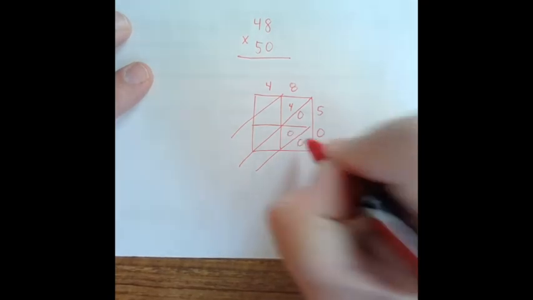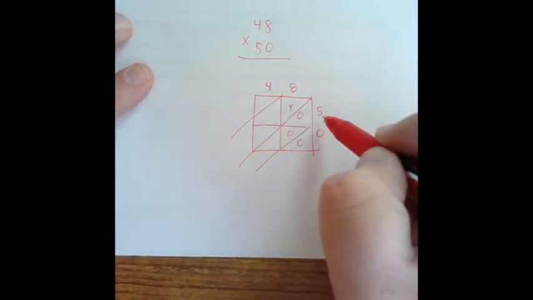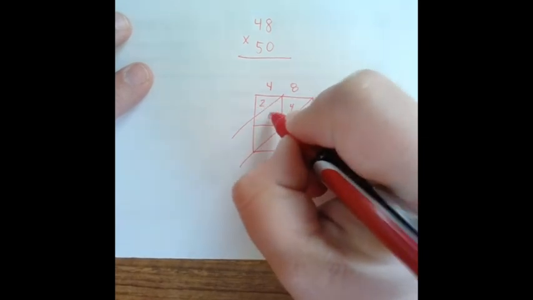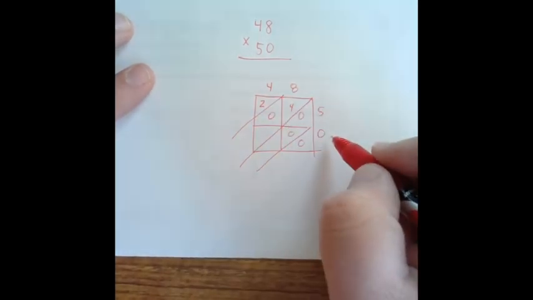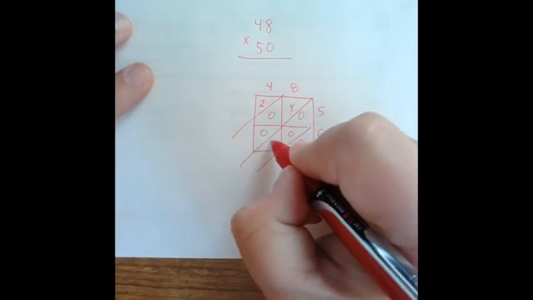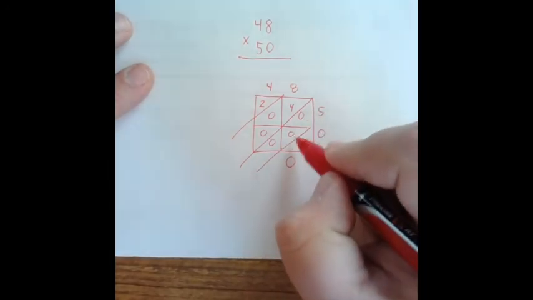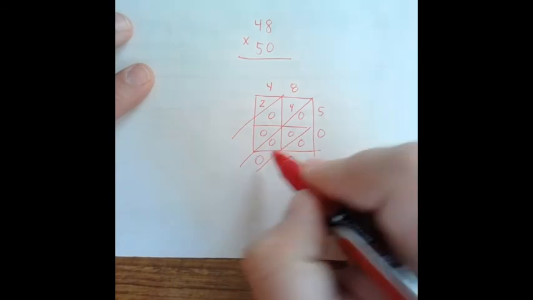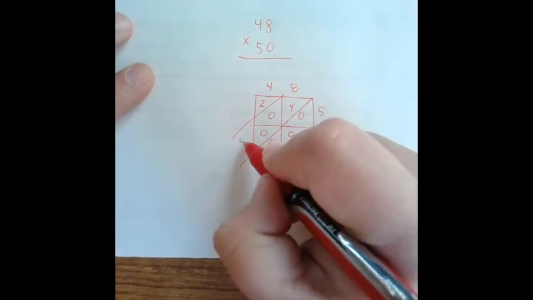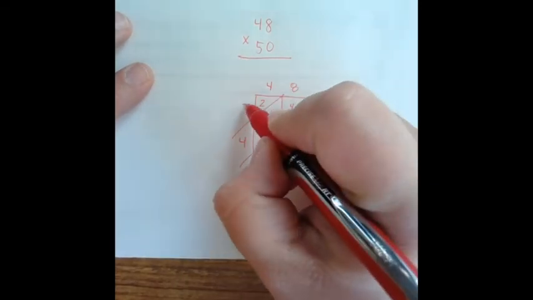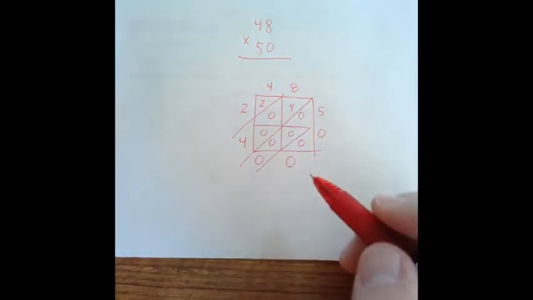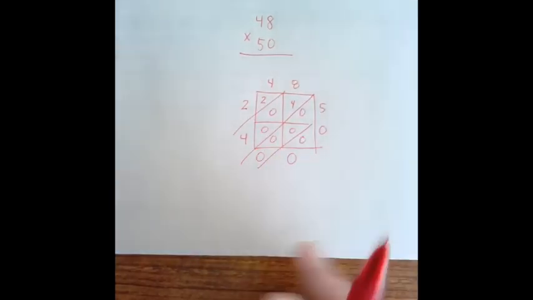So we're going to put 0 in both boxes. 4 times 5 is 20. And 4 times 0 again is 0. So you've got to put 0 in both boxes. So 0 plus nothing is 0. Again, 0, 0, 0 is 0. 4 plus 0 plus 0 is 4. And we are left with 2. So that would be 2,400.